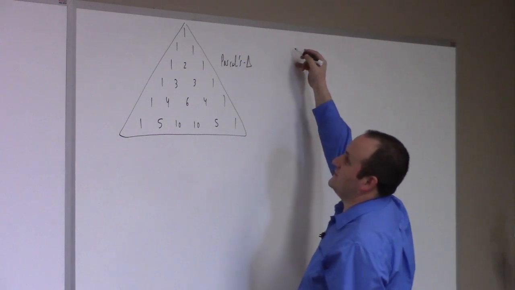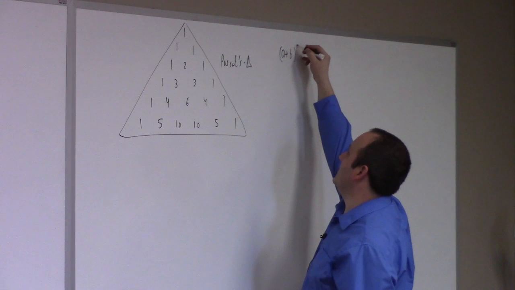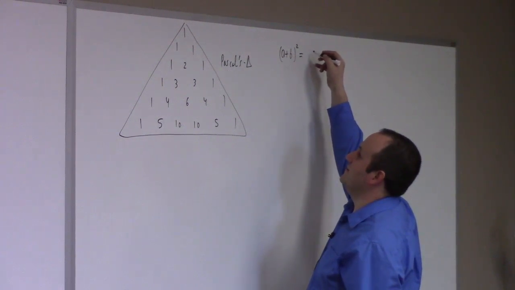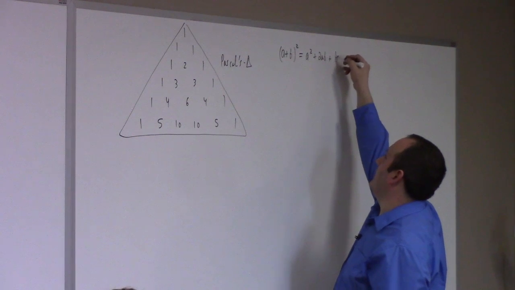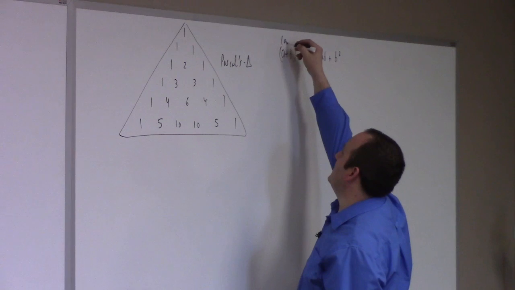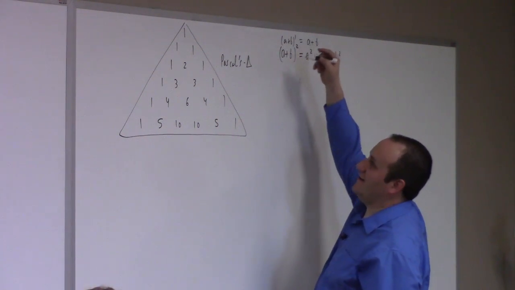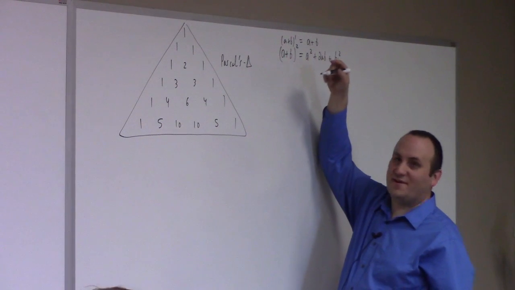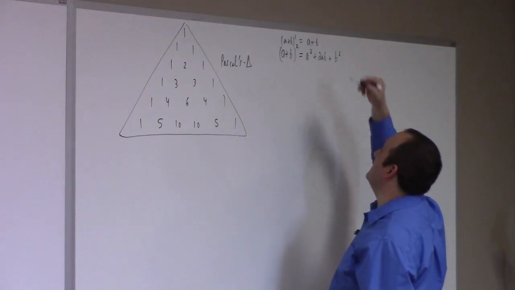And so it tells us things like a plus b, quantity squared, is what? Right? Oh, before that, I guess it tells us that a plus b to the 1 is what? Yeah, and before that, a plus b to the 0 is just 1.